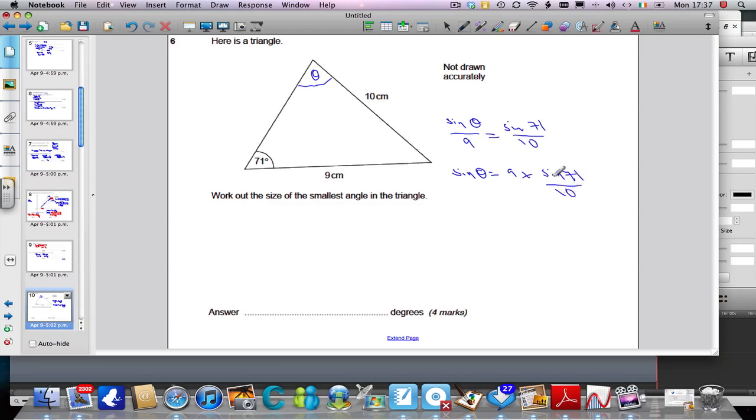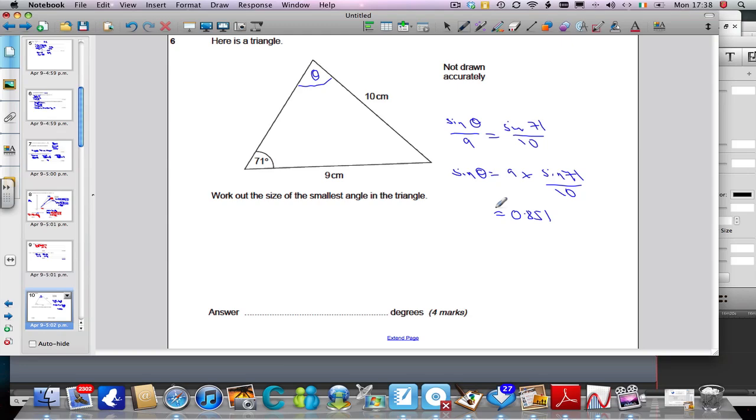And I'm going to get my calculator here and plug these values in. So I'm going to do 9 multiplied by, open some brackets, sine of 71 divided by 10. And I get 0.851 if I round that appropriately.